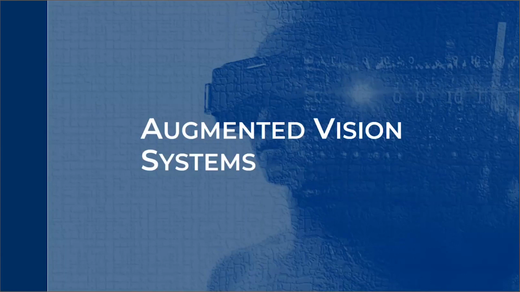If you haven't seen the first part of this webinar series, it's available on YouTube to go and view, and you can watch it for the first time if you want. But for those of you who did see the first one, I apologize. I'm going to be repeating a few of the details, but much more quickly in this part, just introducing augmented vision systems.